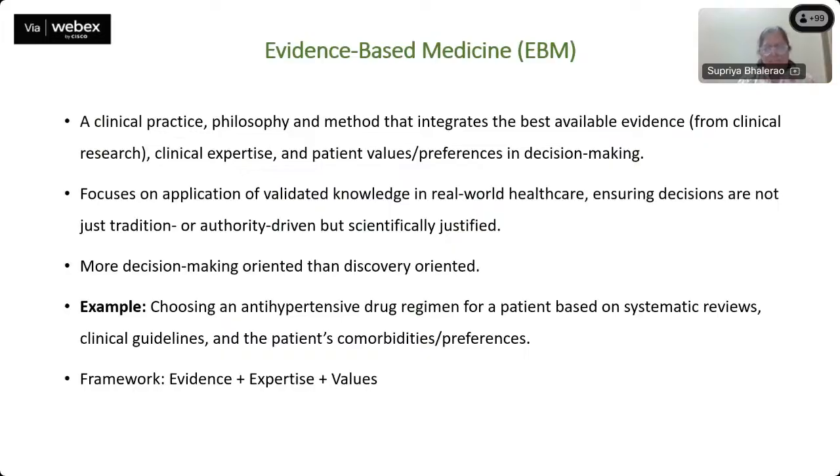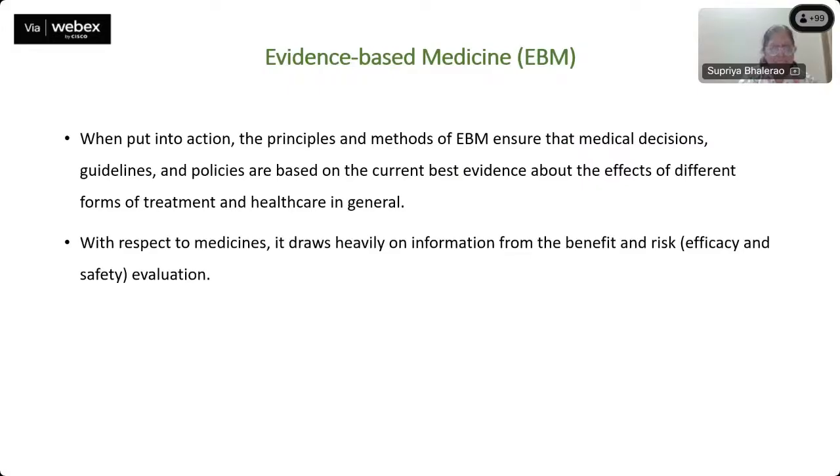If he is diabetic and hypertensive, your drug may differ. If he is obese and hypertensive, your drug may differ. For a young hypertensive, the drug may be different. So patient's condition and preferences matter. It is a framework which combines evidence plus expertise plus values. These three together form evidence-based medicine.